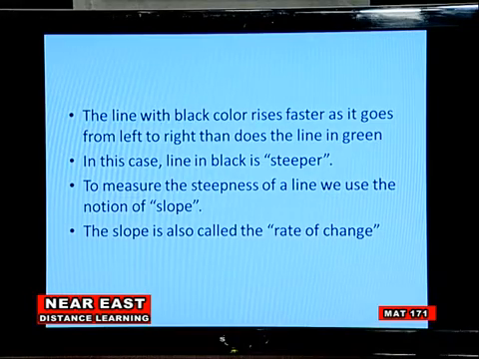If we want to know the steepness of a line, all we have to do is see what the slope of that line is. This is why we study slope, and to define how steepness works, we need to know what a slope is.